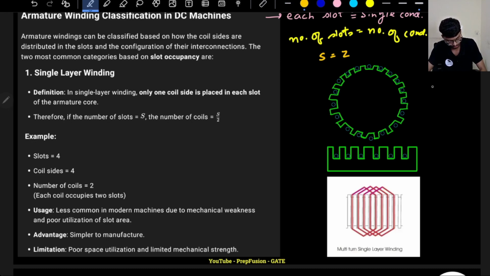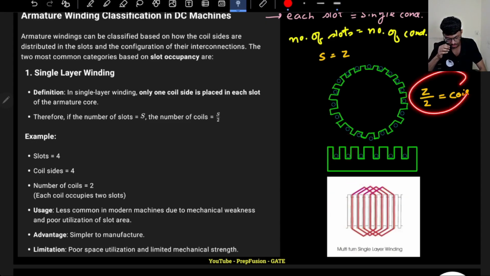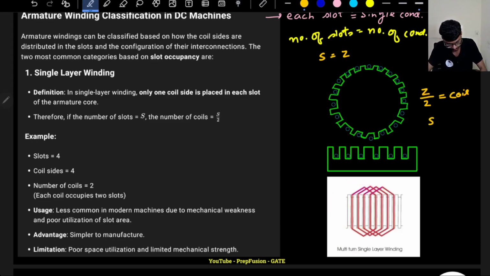Z by 2 is basically the total number of coils, right? If I have two conductors, then I will have a single coil, correct? Two conductors means this and this, this and this. So it will provide a single coil. So I can replace Z with S, and directly write that S by 2, slots by 2, will be the number of coils.